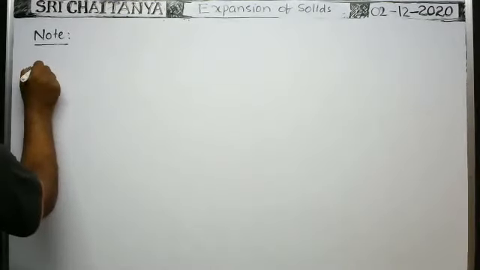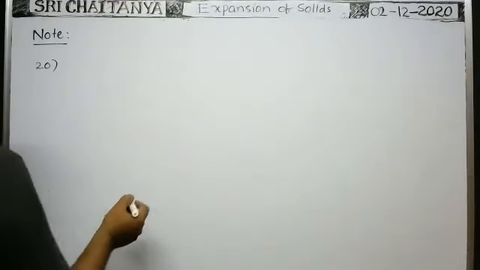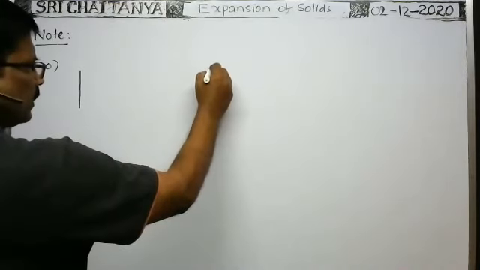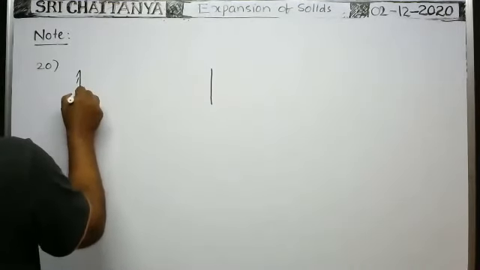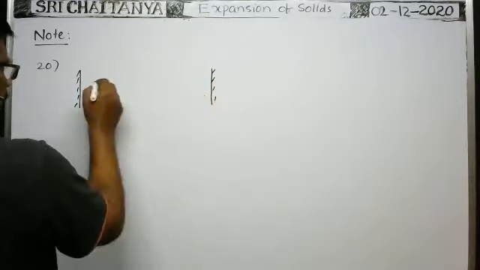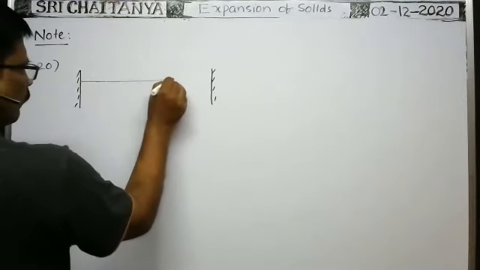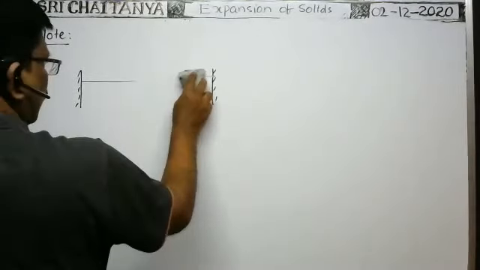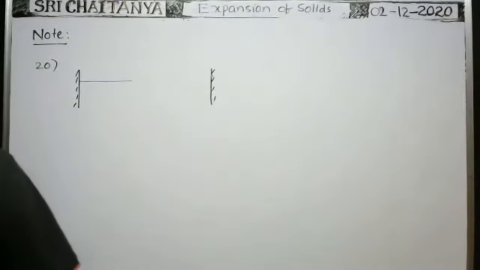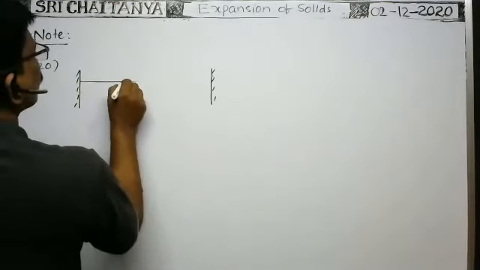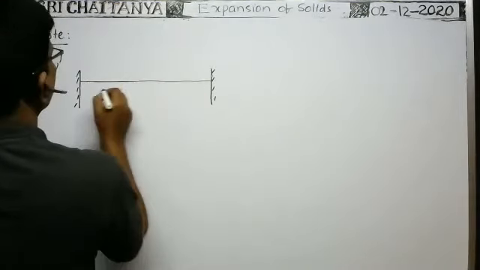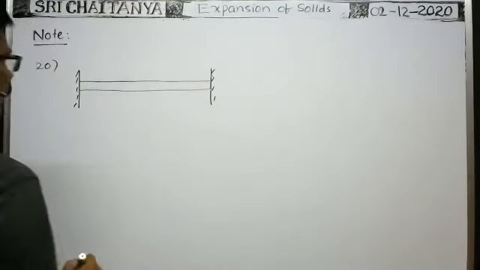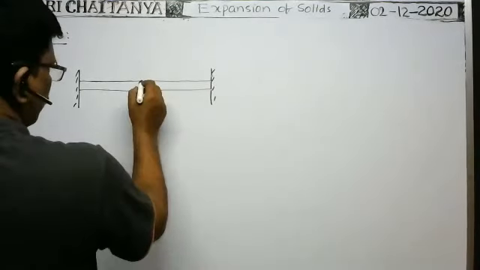So, the 20th problem. Suppose between two rigid supports a composite rod is fixed, having the same area of cross section but different lengths, of course.